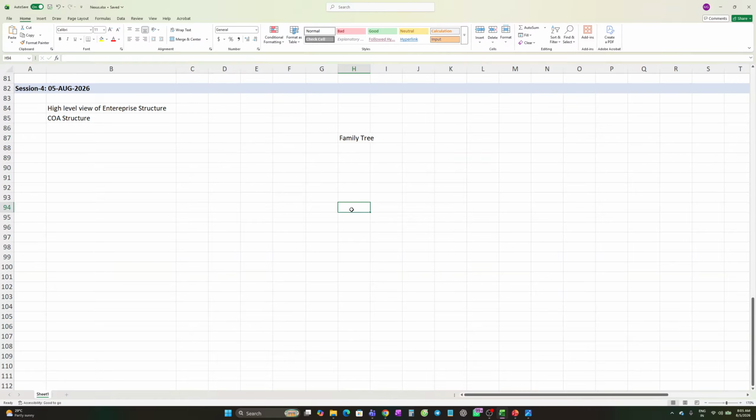Under the family tree, suppose we take some person X. X has some lineal ascendants and some lineal descendants. X has a father.